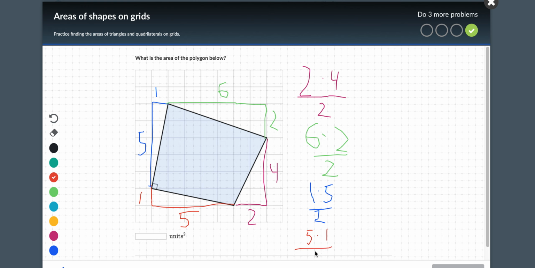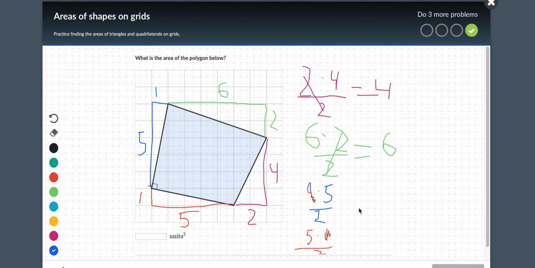The ones just don't do anything in this case because they're being multiplied, and 1 times anything is always itself. So we don't need to do anything with those. The 2's cancel out, and the magenta triangle is 4. And now these 2's cancel out, and the green triangle is 6 units.